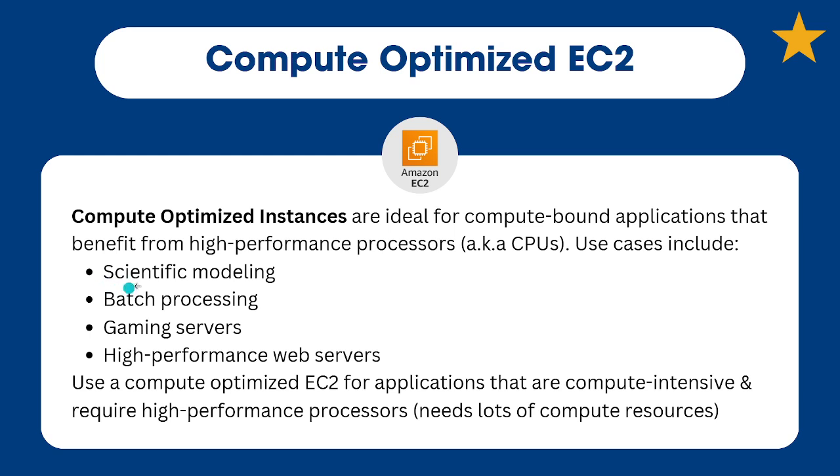They're running through massive amounts of data, so compute optimized is definitely going to be good for that. Batch processing: again, batch means you're handling lots of data. Gaming servers, high performance web servers. So if you need a little bit extra computation, you're going to go for compute optimized. That's when you need a lot of compute resources and you're processing a lot of data.